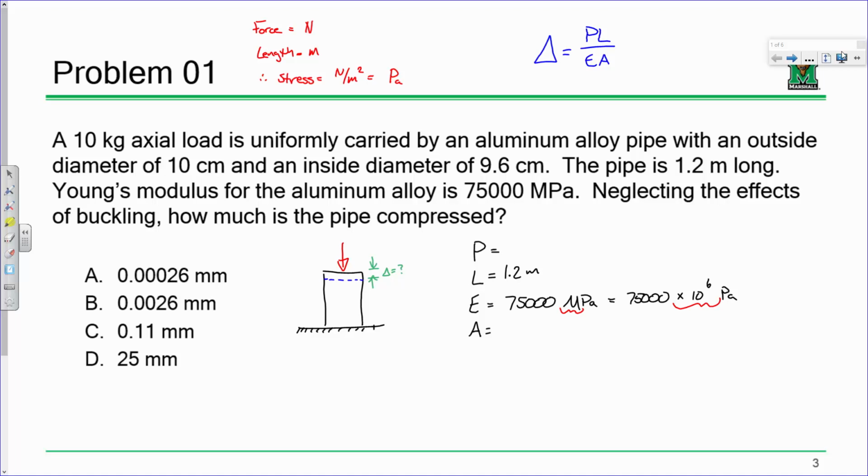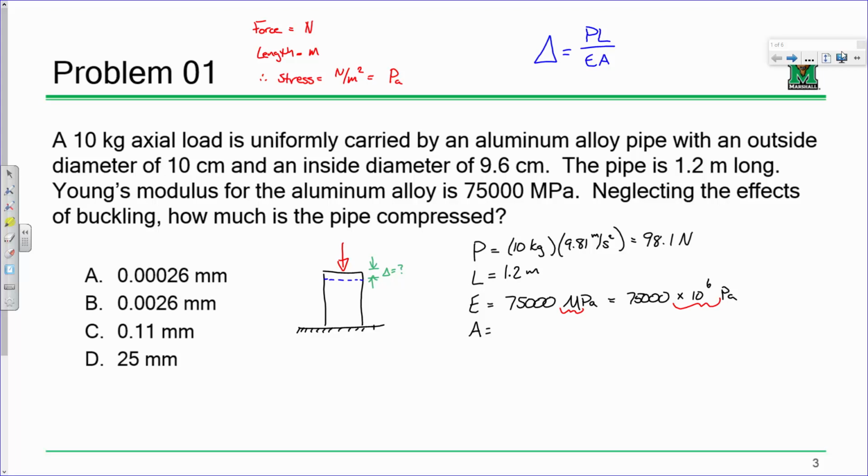So what I'm going to do is take that 10 kilograms, multiply it by 9.81 meters per second squared, and so that's going to give me 98.1 newtons, right? So just keep that in mind, okay? This is the type of stuff that can happen on the exam. They give you a mass, you need a force, you got to multiply it by gravity. Very common little, I don't want to say trick, but it's a detail that you need to keep in mind.